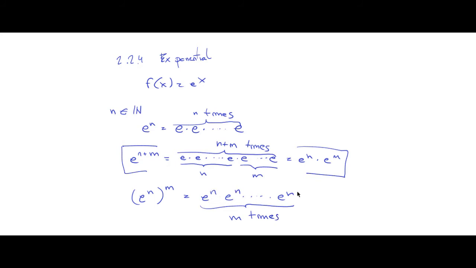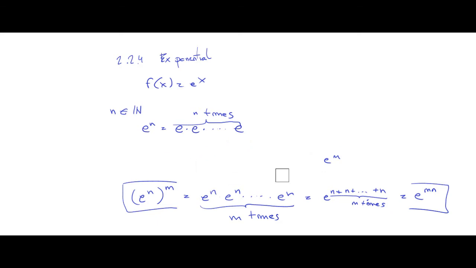But we can use the previous property to write this as e to the n plus n plus and so on, plus n, m times. So in other words, we can rewrite it as e to the n times m. So we have arrived at another very important property of the exponential: e to the n, raised to the m, is e to the n times m.